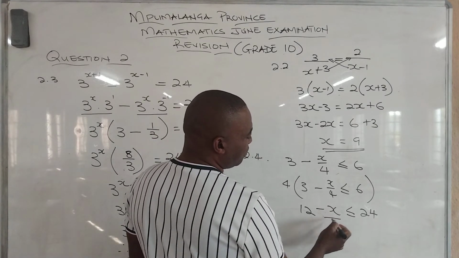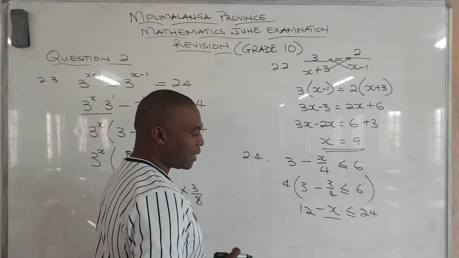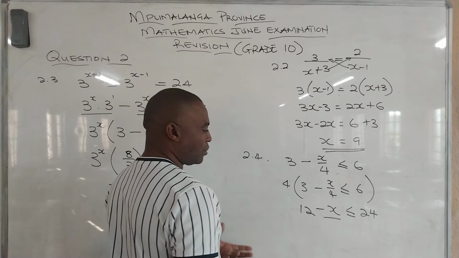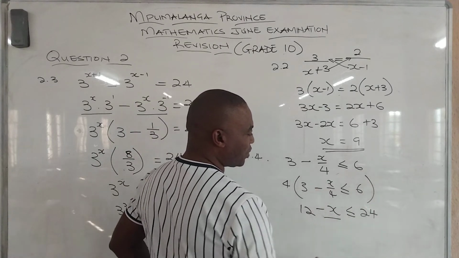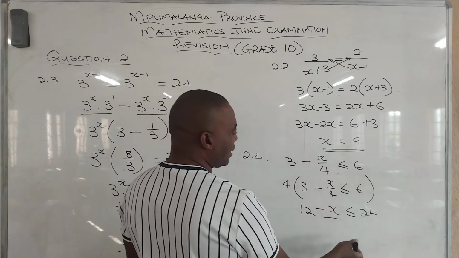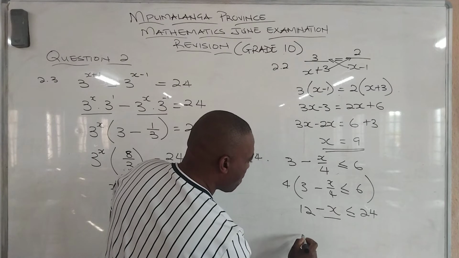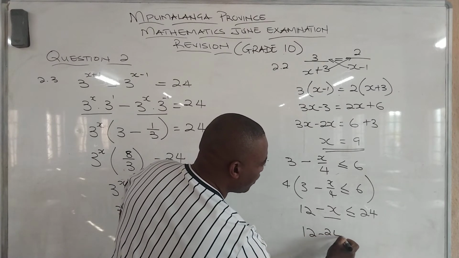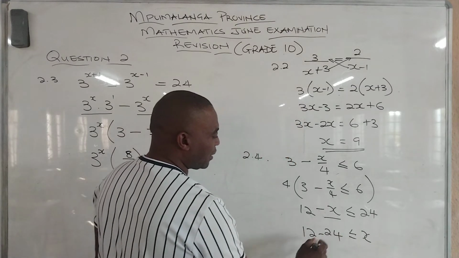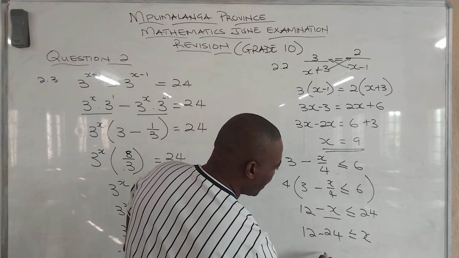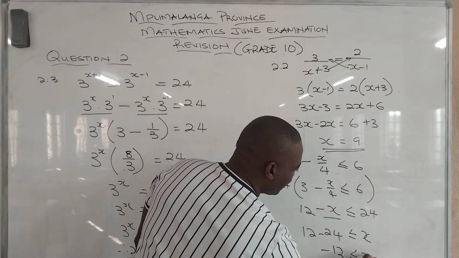Now the unknown is having a negative sign, so just to dodge the effects of a negative sign, you can transpose the negative x to the right side, and then you bring the 24 to the left side. So this will be 12 minus 24 is less or equal to x, and then 12 minus 24, that is negative 12, is less or equal to x.